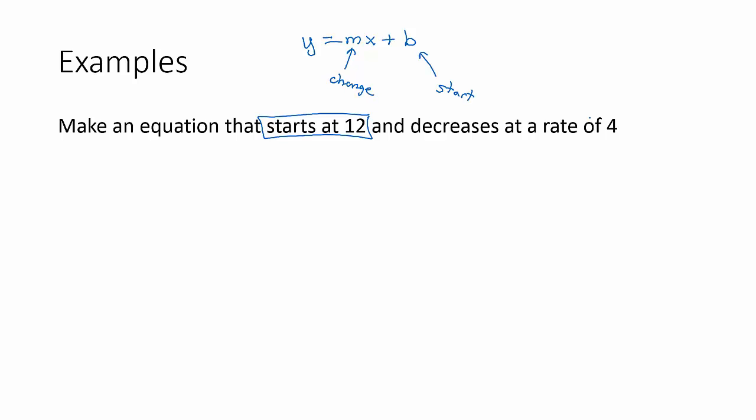It starts at 12, and decreases means it goes down, so we'll subtract, at a rate of 4. So y equals negative 4x plus 12. This equation starts at 12 and decreases at a rate of 4.